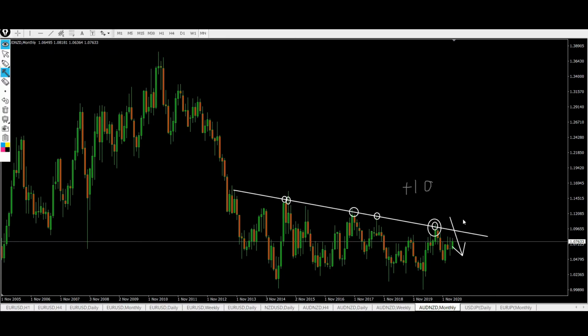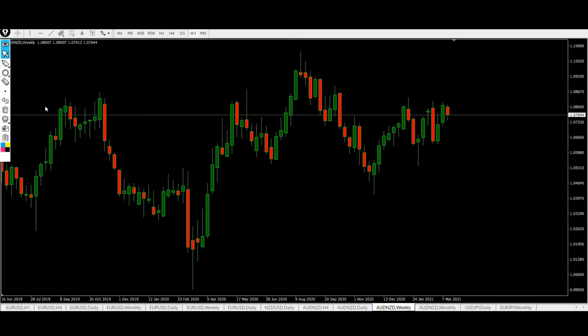Okay. Now we're going to go on the lower time frames and see what happened on this area on the lower time frames to either increase or decrease the strength of this monthly price characteristic. Alright, so let's go down to the weekly chart. Now on the weekly chart, that price characteristic point is right here.